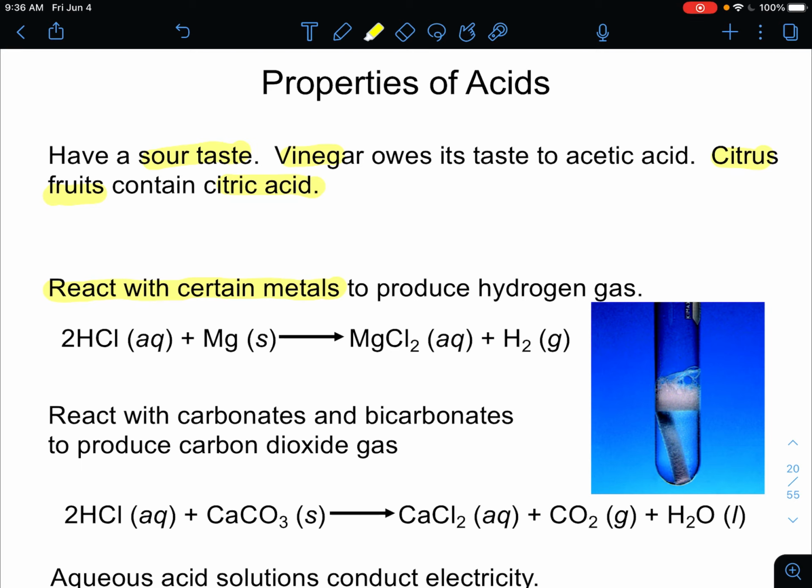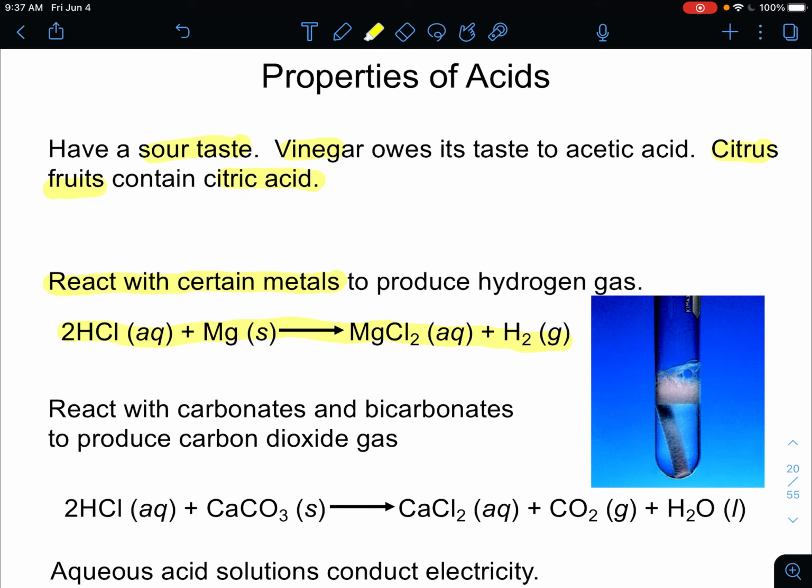We saw this example back in chapter 5 with zinc, but it also would work the same way with magnesium. So in this reaction, we're seeing hydrochloric acid and magnesium react to make magnesium chloride and generate hydrogen gas.